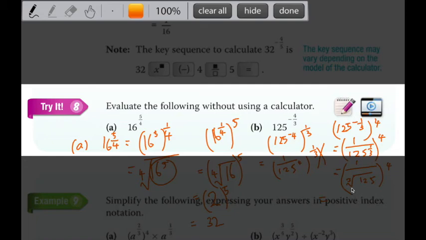During a test no one's going to know, you can just key in the calculator to double check your answer. But as general knowledge, you should know that cube root 125 is 5. To the power of 4. Now 1 over 5 to the power of 4 means 1 to the power of 4, which is still 1, and 5 to the power of 4 is, let's see, I think it's 625.